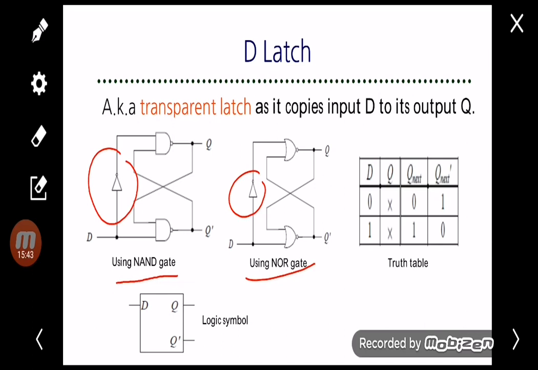So the operation of the D-latch is like this. If D is 0, then the next output will follow the input of D. Like this one, 1, the output is also 1. So this is the logic symbol for the D-latch. It has 1 input and 2 outputs, Q and Q bar.